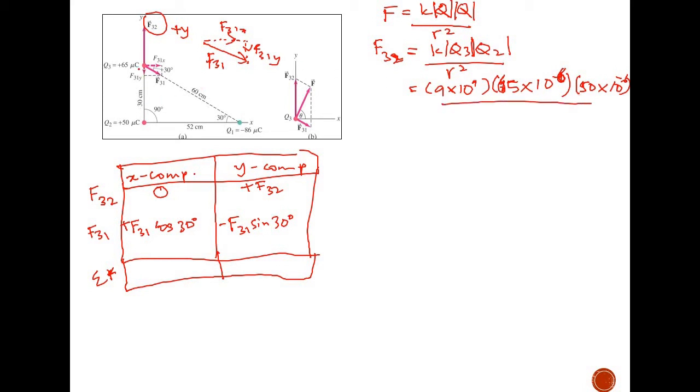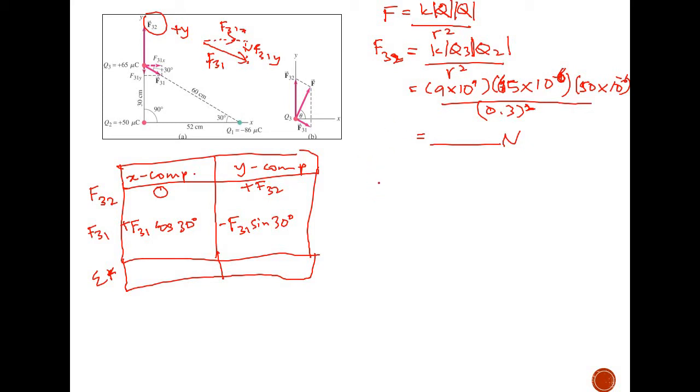R is the distance between these two charges, Q3 and Q2. The distance is 30 cm, so converted to meters it gives you 0.3 squared. So you will obtain the Newton here. Put this value here as positive F32.